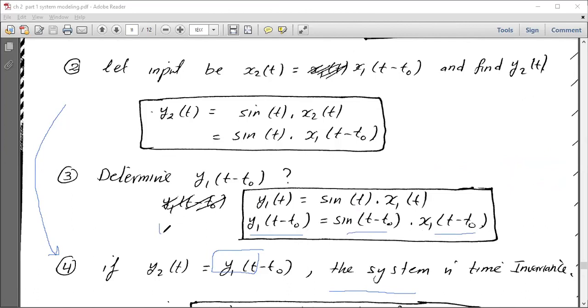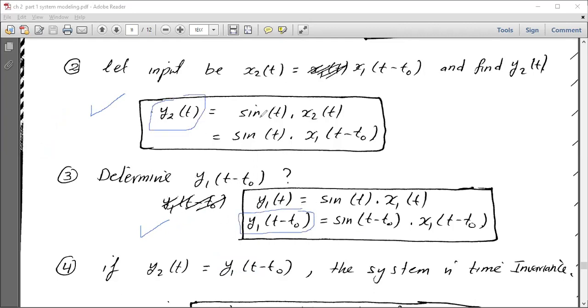So this is y1 shifted, and y2 is the output corresponding to the shifted input. If this one is equal to this one, then you have a time invariant system.